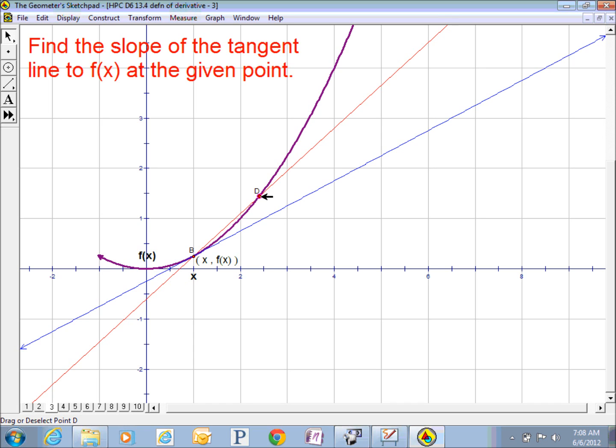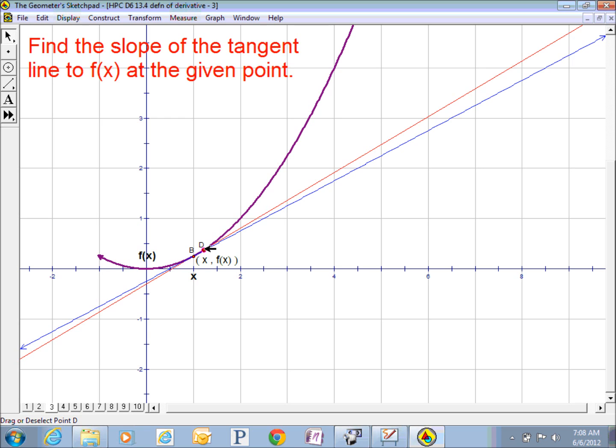In fact, what if I put it really close to point B? Because as I'm noticing, as I'm moving point D, the closer I move point D to point B, the more accurate the slope of the red line will depict the slope of the blue line.